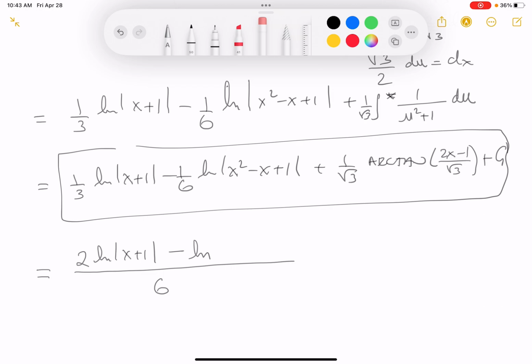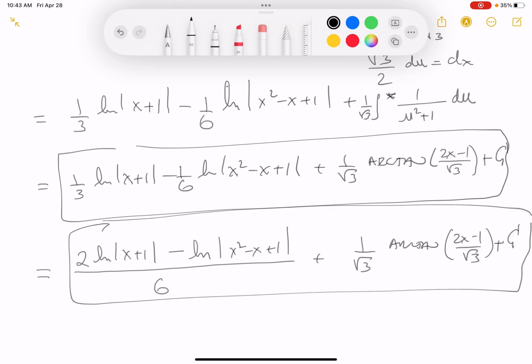There's no reason not to. x squared minus x plus 1. And then it's going to be plus 1 over √3 arctan of 2x minus 1 over √3, plus c. Put the box in. But I see both answers being the same.